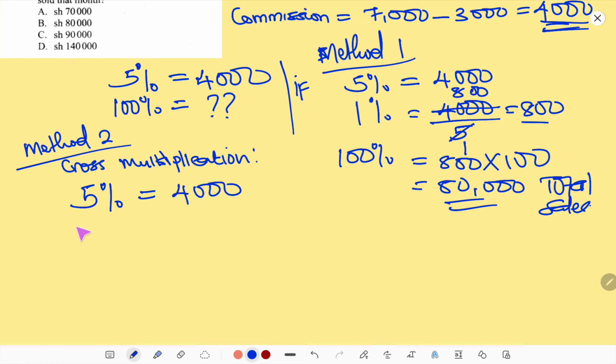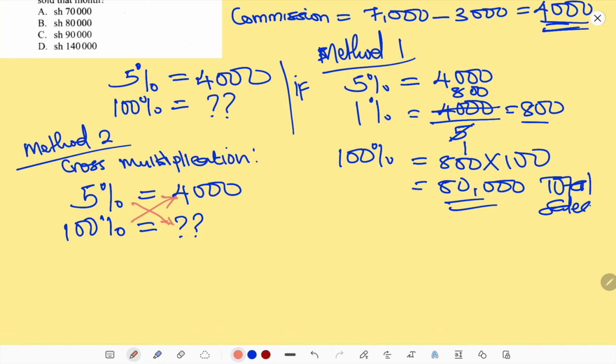You want to get 100%. This is equal to question mark. Now for cross multiplication, you just put a cross sign over here. And then you put some arrows like that. Now the numbers across each other will be multiplied. For instance, this will be 100 times 4,000.